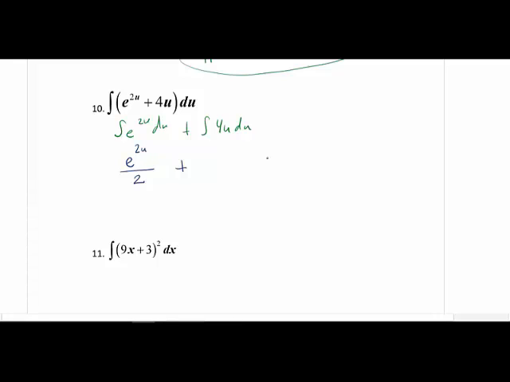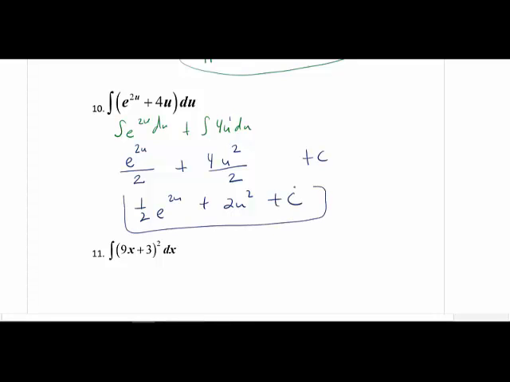I would put a plus c, but I'm going to put it at the very end. For the second piece, I'm going to use the power rule. So the 4 doesn't affect it. We add 1 to the exponent, remember there's a 1 there, and divide by our new exponent. So my final answer here, 1/2 e to the 2u plus 2u squared plus c. That is my answer.